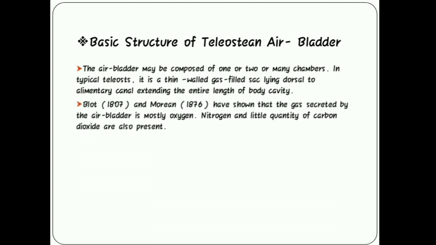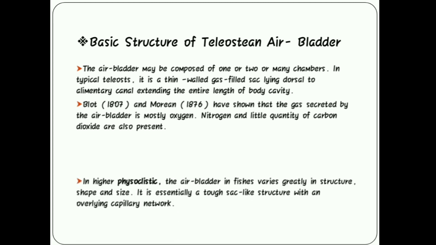Bloat and Murenia have shown that the gas secreted by the air bladder is mostly oxygen and nitrogen, and a little quantity of carbon dioxide is also present. So which gases are secreted? Oxygen, nitrogen, and a little carbon dioxide.